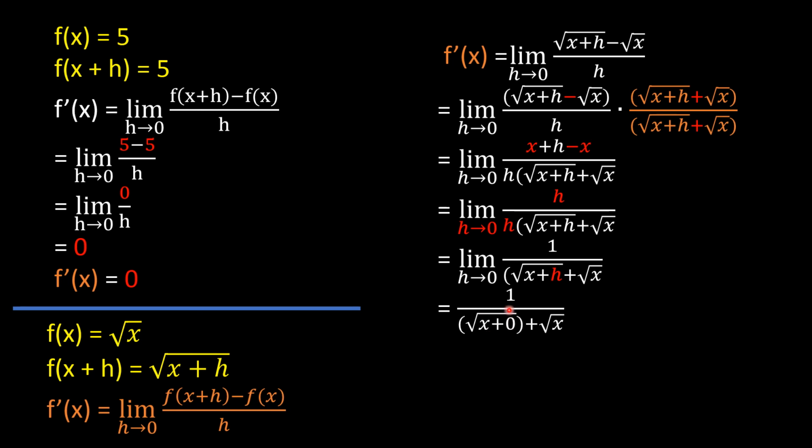So it will be 0 in place of h. So it will be 1 upon root x plus root x. So f dash x will become 1 upon 2 root x. So this is the derivative of root x.